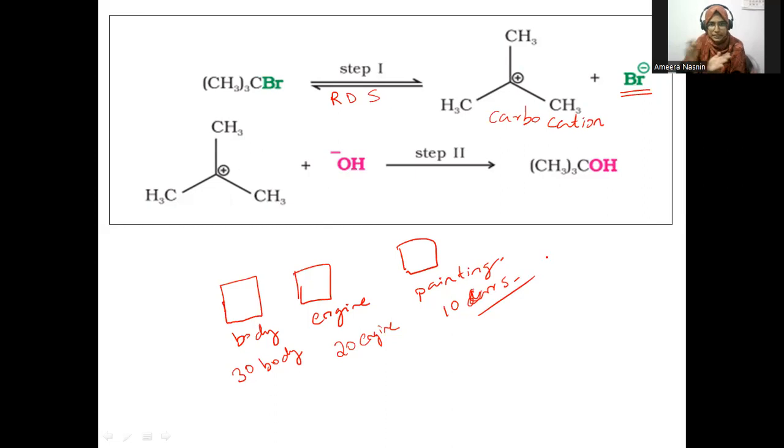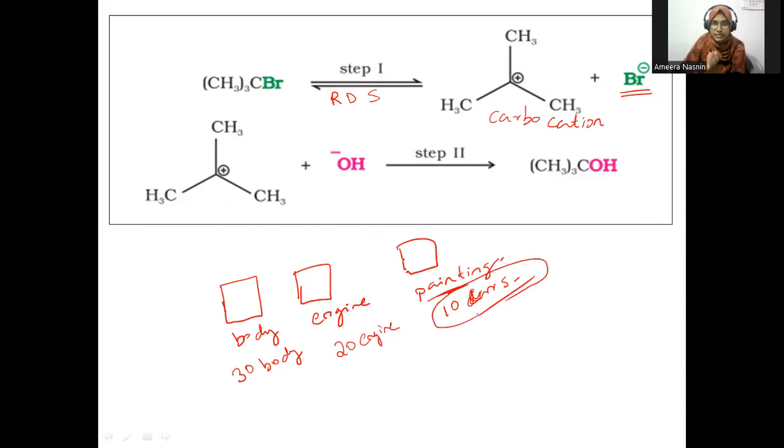So in a day, even if you run the first two parts at maximum capacity, we will only be able to produce 10 cars, because the painting, which is the slowest step of this process, takes that much time.